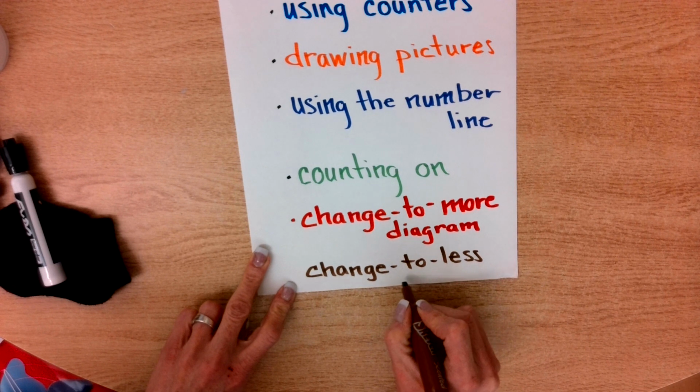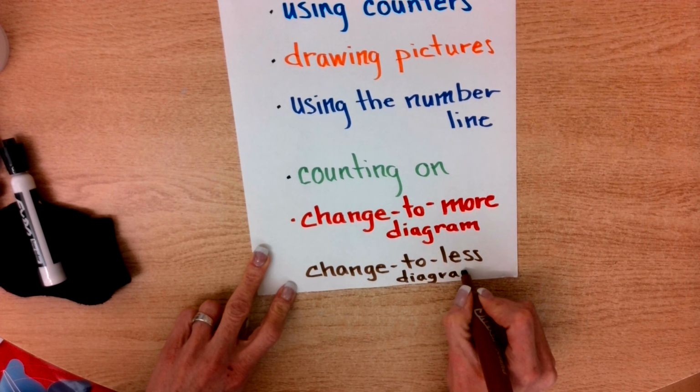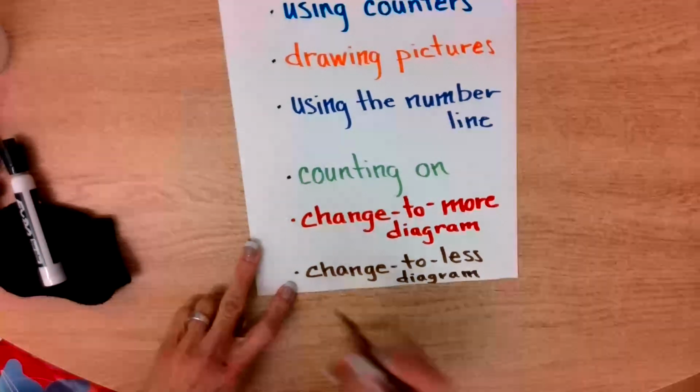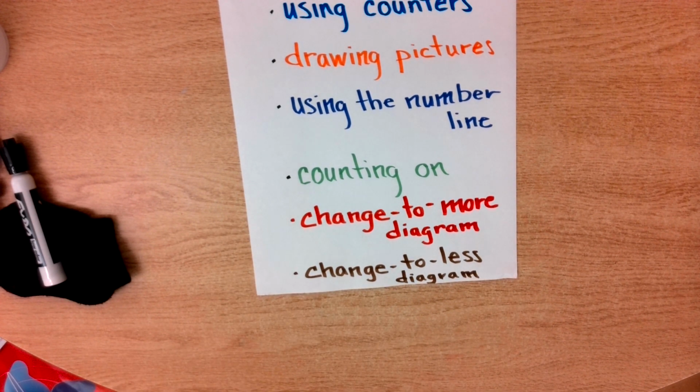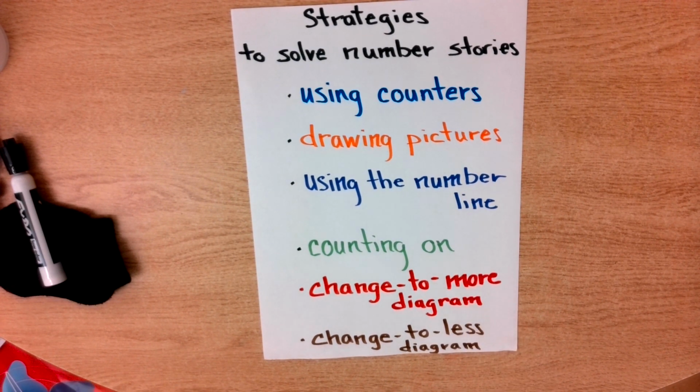And then we can write the word diagram. Okay, so we just added 2 more things to our chart. One from the last lesson and then this one. Look at all these strategies that we're building on. It's amazing. I love it. First grade math is so much fun.